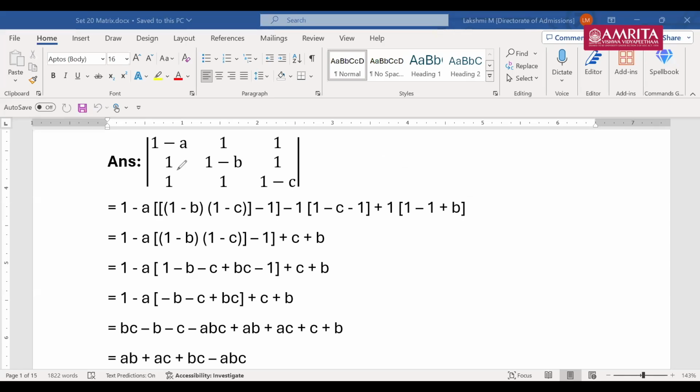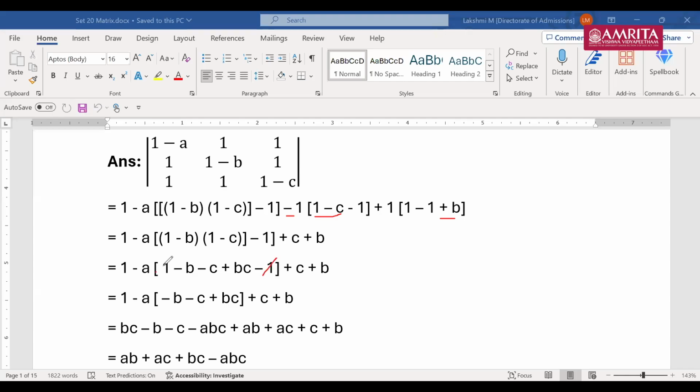So I've done it directly. This is 1 minus A, 1 minus B into 1 minus C minus 1. This is 1, that is 1 minus C minus 1. This is 1, this is 1 minus 1 minus B. So all these 1s will get cancelled and here it's minus off. So this will be plus C and this will be plus B. It's already plus B. This minus and minus, it's plus C. Here it is 1 minus B into 1 minus C. So 1 minus B minus C plus BC minus 1.